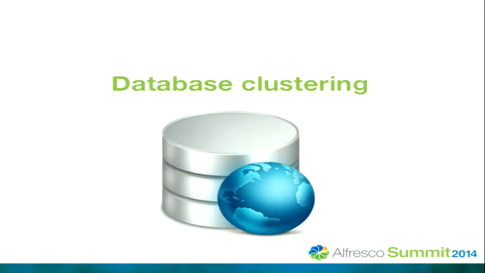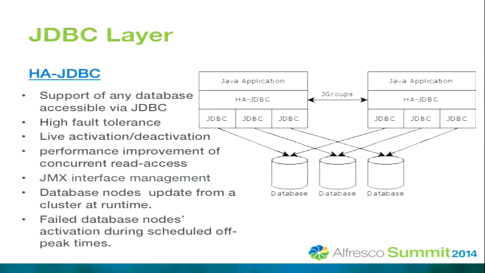I'll go now to talk about database clustering in a geographically based cluster. There are many layers where we can set up this redundancy, replication or sharding. First, we can do it on the JDBC layer, using for example a JDBC framework in the application that can connect to many databases.